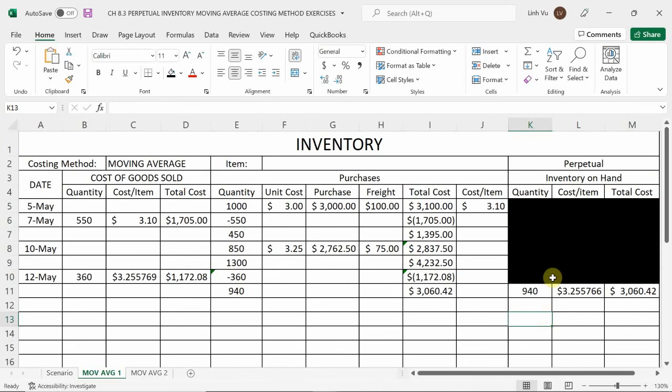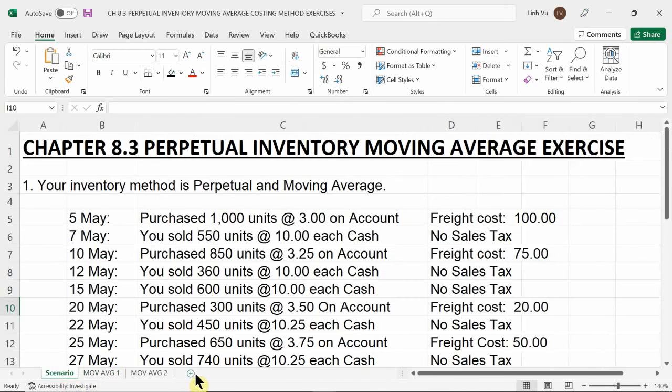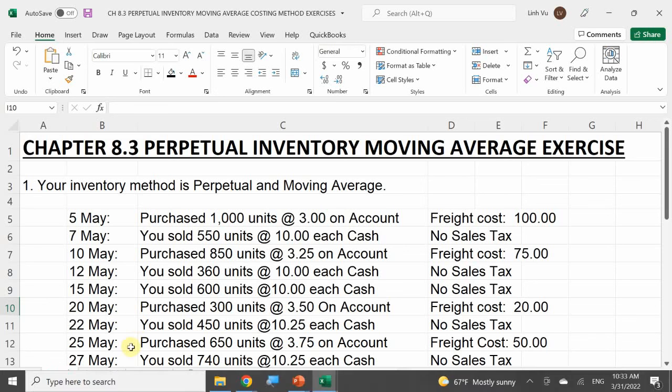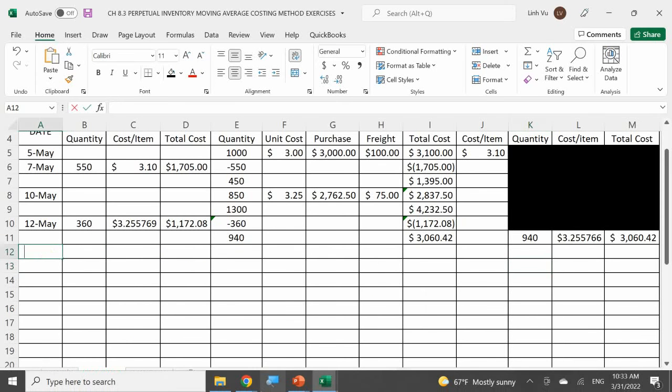Right now I'm currently at 940 units at a total of 3,660.42. So let's see what happened next. We end up selling 600 more units on May 15. 600 units.